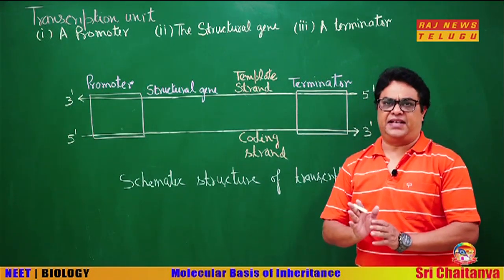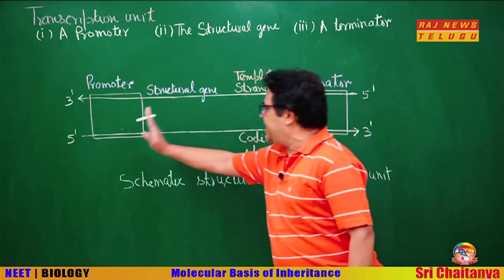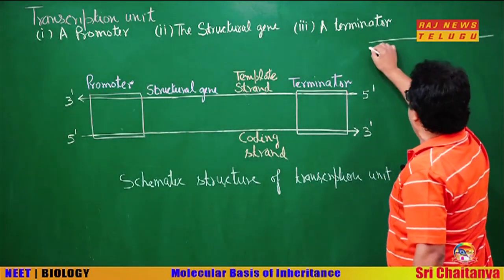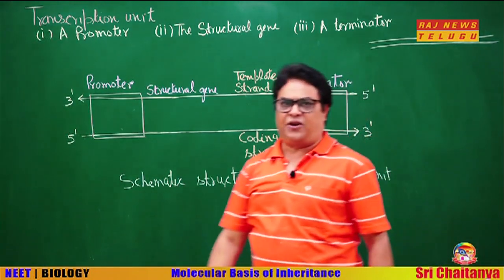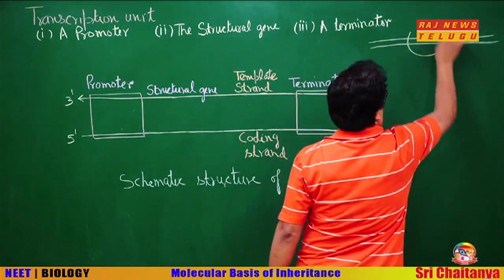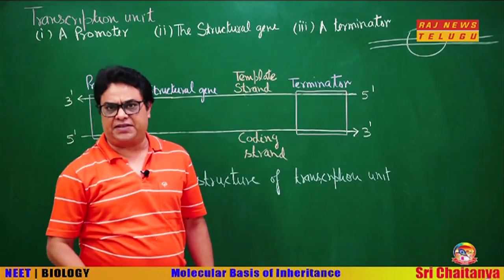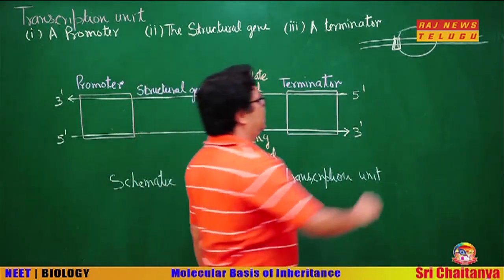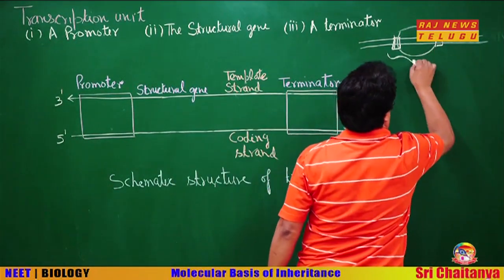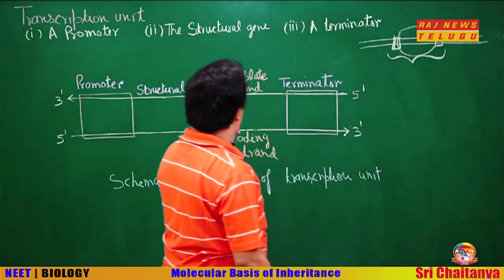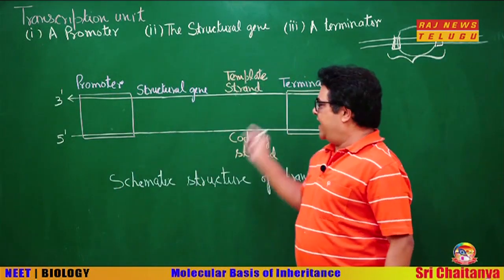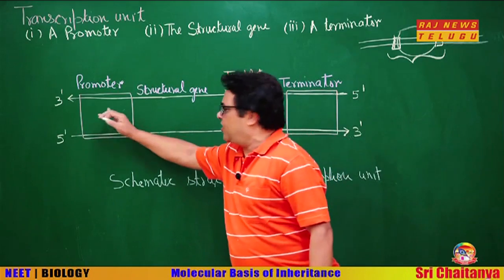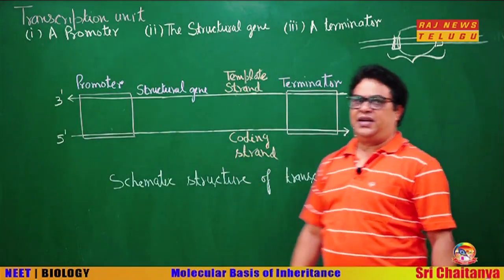Next thing is that the structural gene is flanked by two other things, because you said that the entire DNA is not participating in the process of transcription. Suppose this portion is participating in transcription, then you have to demarcate two things, a start point and an end point, and this will be the total unit. So that is why the structural gene is flanked, flanking meaning present on both sides, by a promoter on one side and the terminator on the other side.